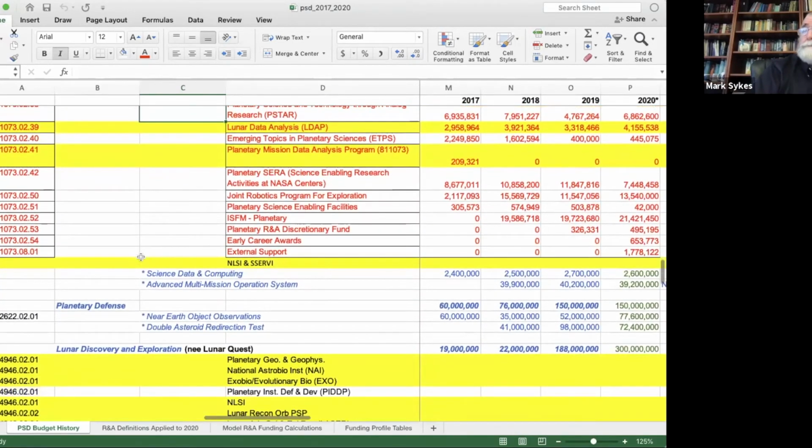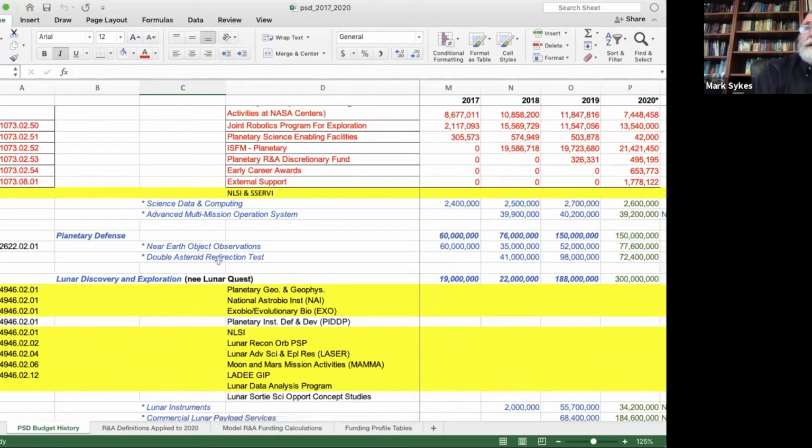Now, if you look at something like near Earth object observations, $77 million in 2020, I know that there is some R&A stuff in there, because there's some planetary astronomy type competed ground-based observations, which appears in the ROSES that people get funding for. But there's also facility support. There's probably some mission development and stuff like that. And so, if NASA wanted to provide this information, they could also provide some greater granularity if they wanted.